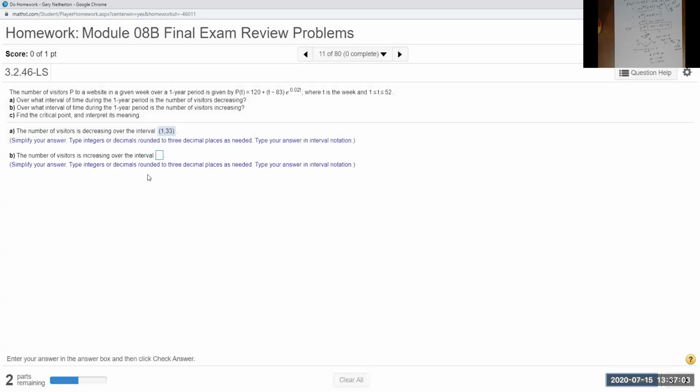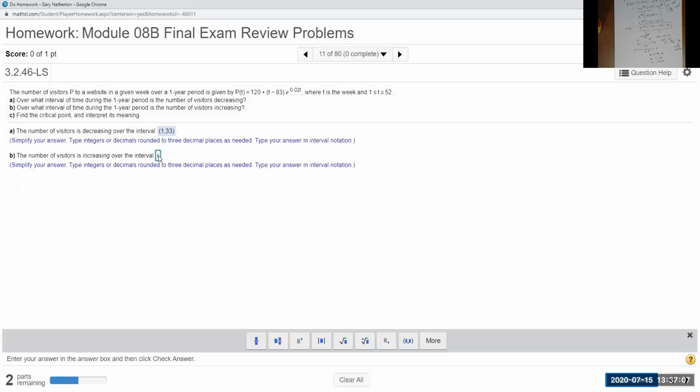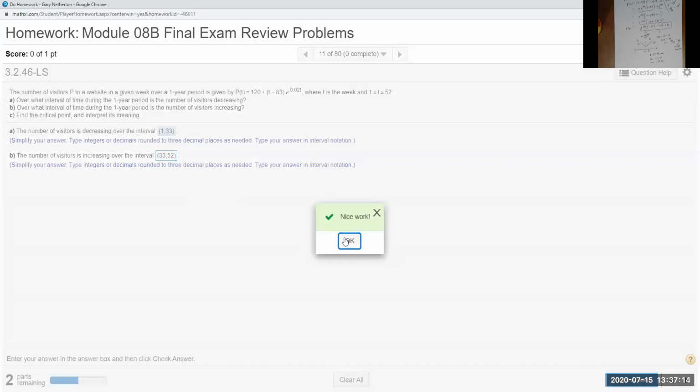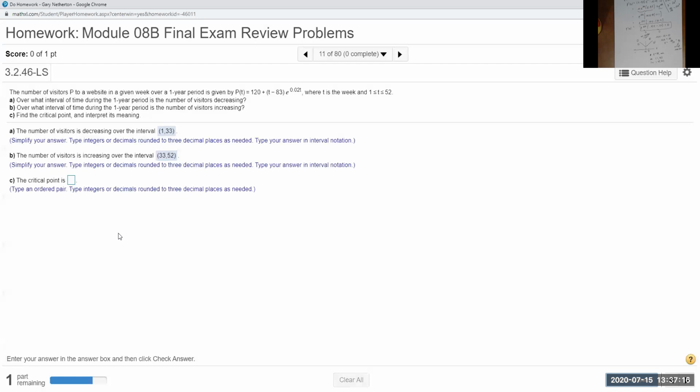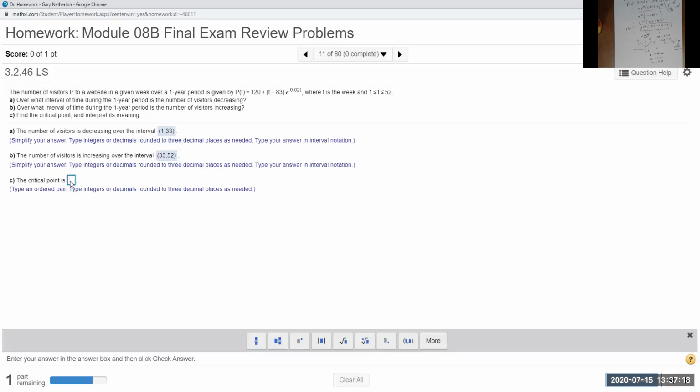Increasing, I said from 33 to 52. All right. Critical point, type an ordered pair. All right, well, we know it's 33, but I don't know the number of people.